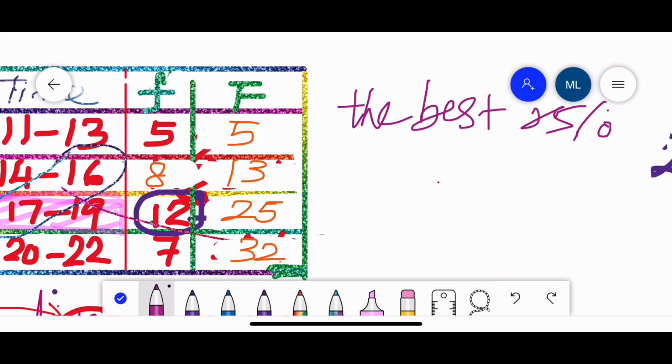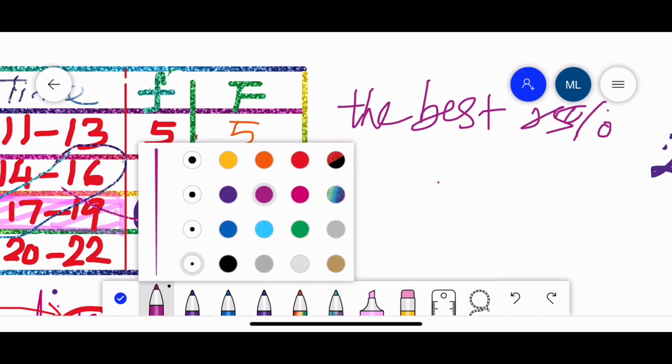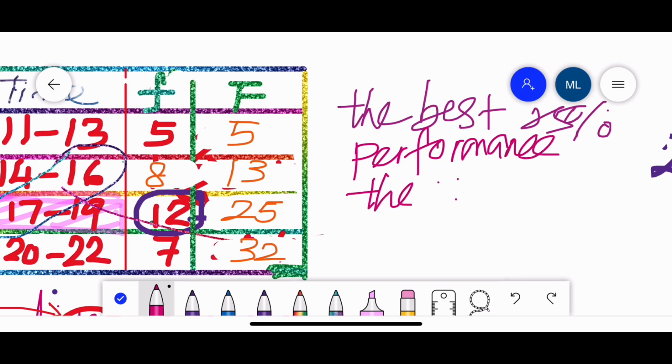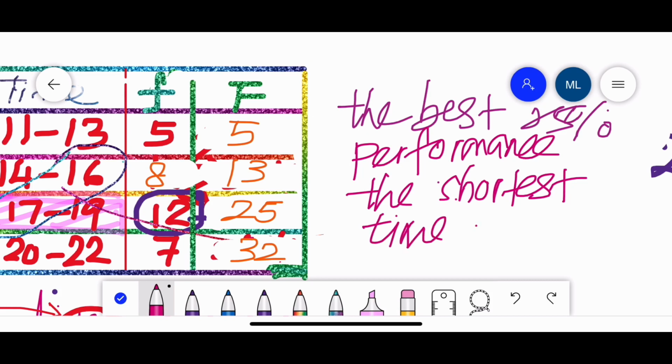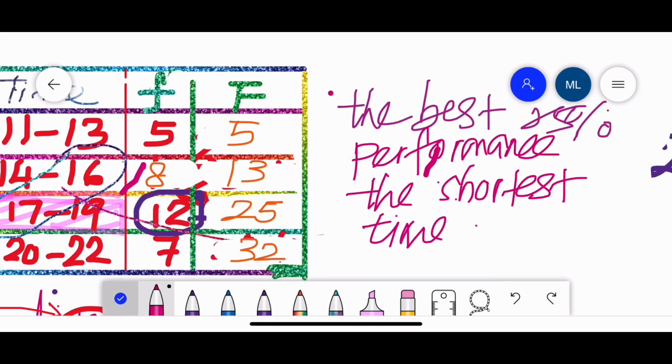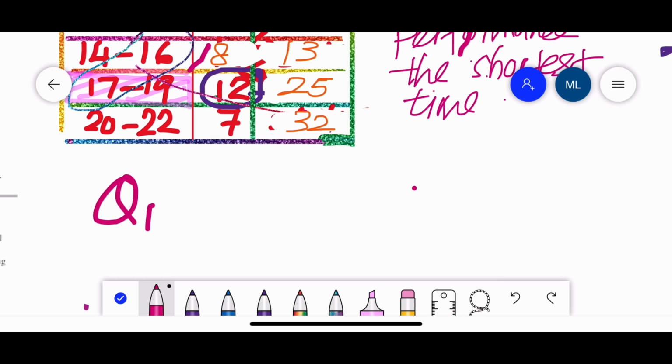Now the best 25% of the athletes that qualified for the training. So okay, the best 25% here doesn't mean that you have to find the third quartile, okay? Because now we are having time, so it means the shortest time, okay? So this question is a bit challenging because it tests your understanding of the term time.